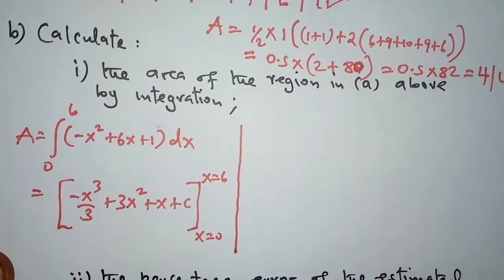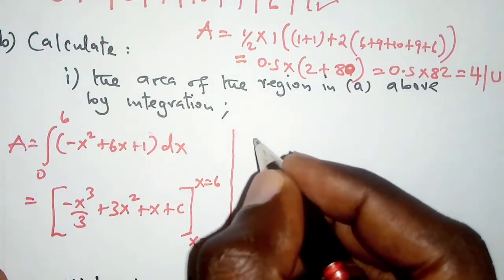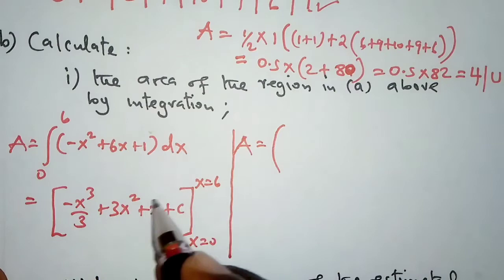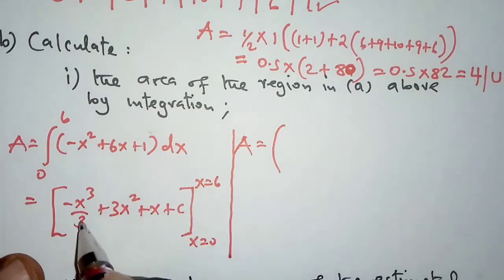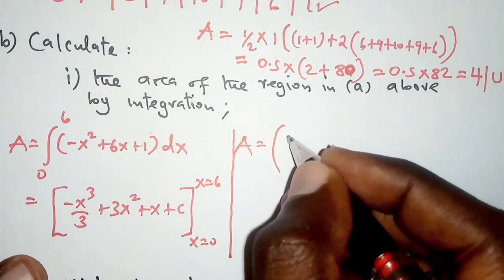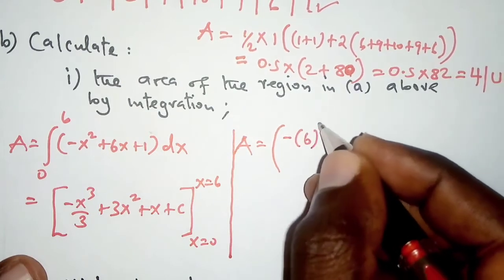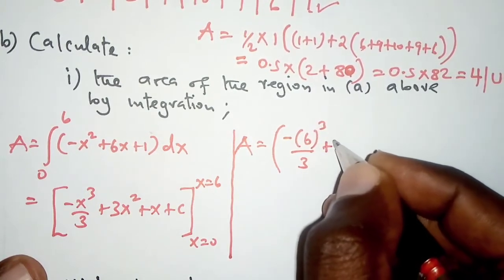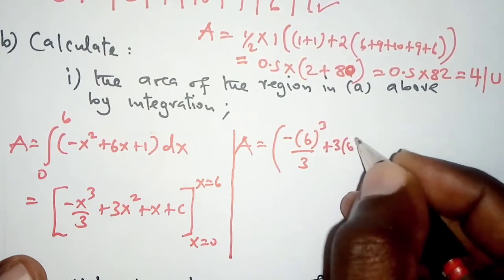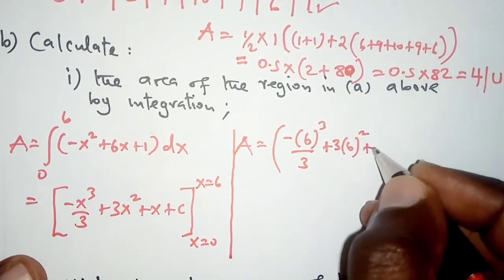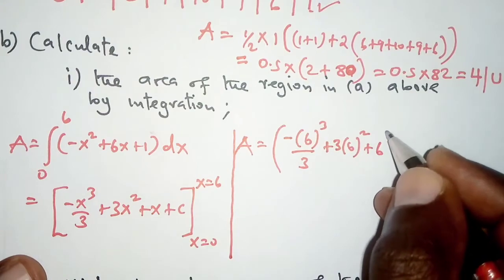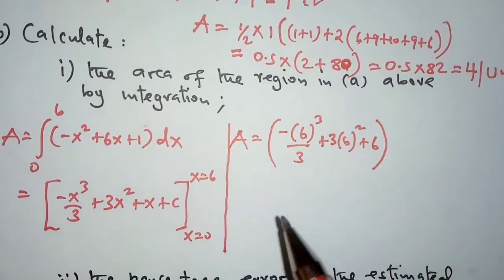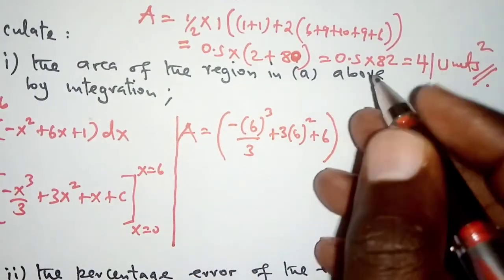Next, when we do our substitutions, substituting 6 here, we have negative 6 cubed over 3 plus 3 into 6 squared plus 6. I'm ignoring c because in the end when you subtract, c will just disappear.